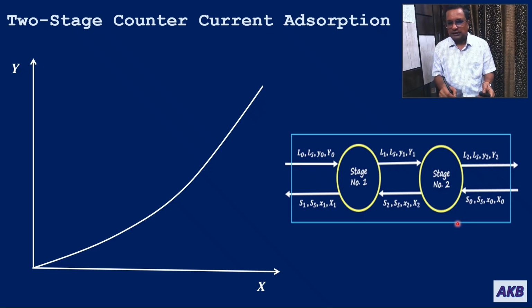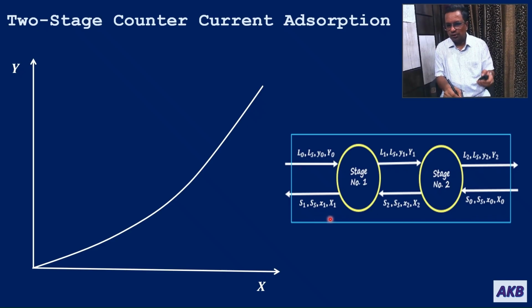That means for the liquid solution, the concentration decreases from capital Y0 to capital Y2. For the adsorbent phase, as it enters stage number 2, concentration of solute in it is capital X0. As it moves through the operation and comes out of stage number 1, concentration on its surface is capital X1. That is, as the adsorbent phase moves through the operation, concentration of solute on its surface increases from X0 to X1.